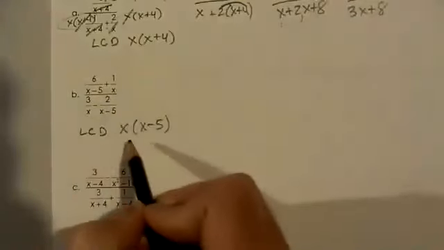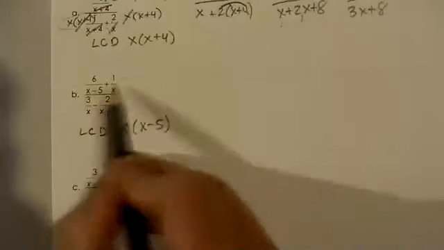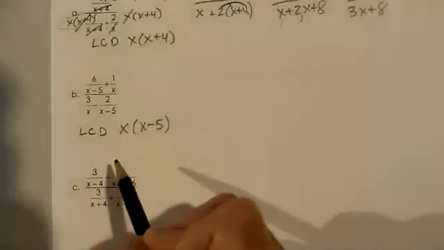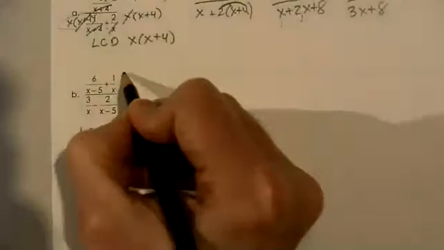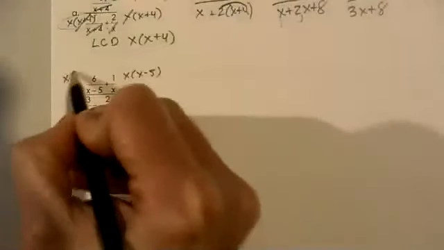So together, that is your LCD. There's no other factors that make up the denominators. So we're going to take that x minus 5, and we're going to multiply it to every term in this problem.